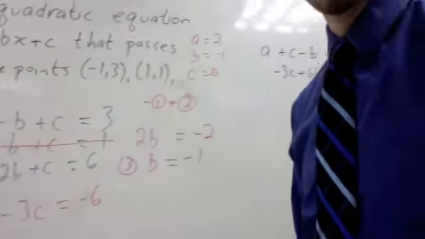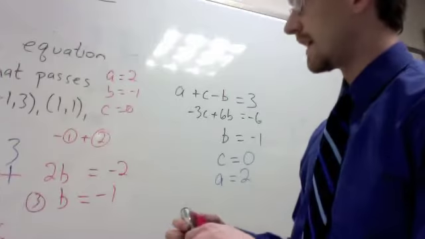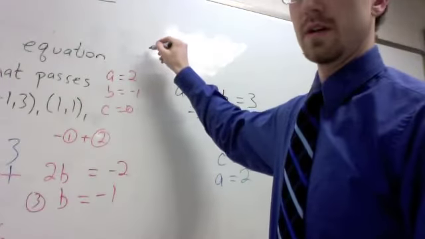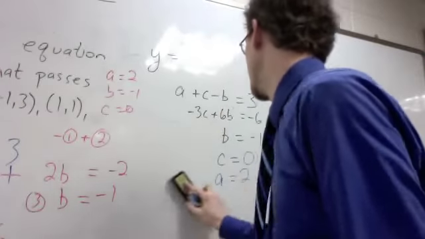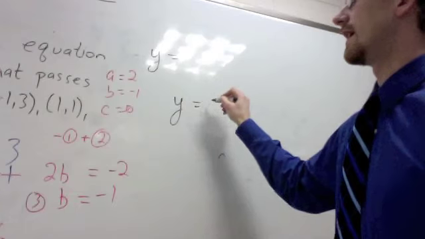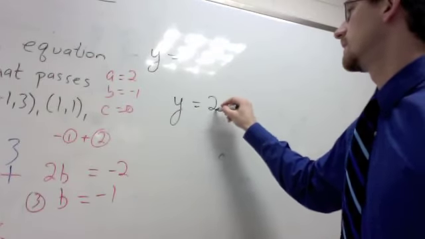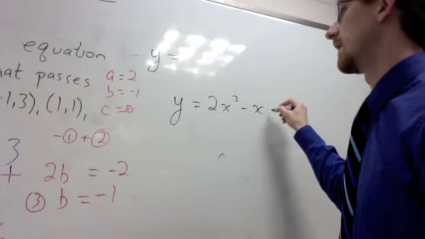So our parameters check out, and our solution then is the equation y equals, there's a glare there. Our equation then is y equals 2x squared minus x plus 0.